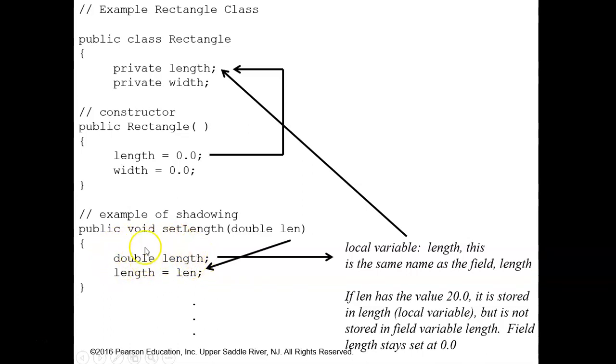This is not the same length that is up here in our private instance variable. So we will not be assigning len, whatever that value is, to the private instance variable. It's being shadowed. It is being hidden. It is being assigned to the length that we created down here in this method, and that is all the further that that value will go. It'll stay inside this setLength method.